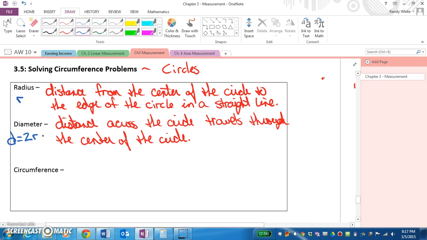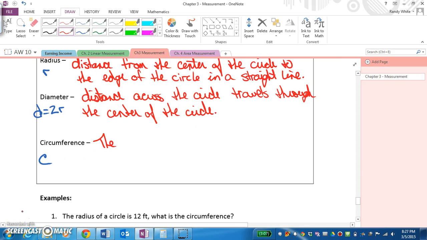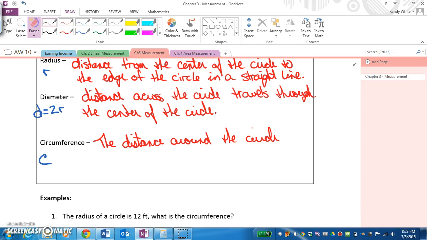Okay? So circumference, which is usually c, circumference is the distance around a circle. So, in order for us to do that, we have to use something that's called pi because of the curvature nature of a circle.